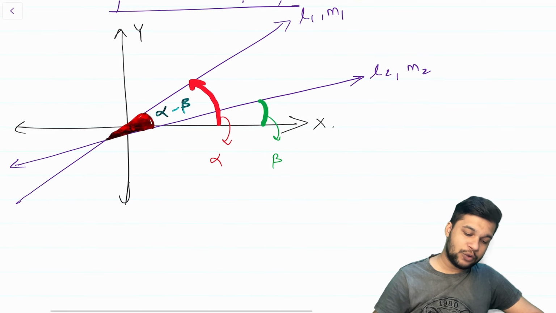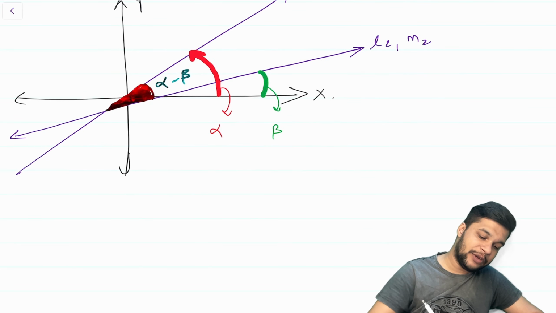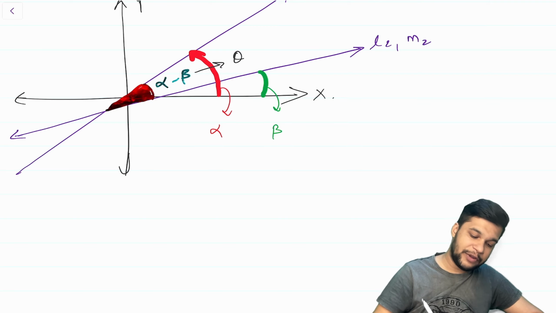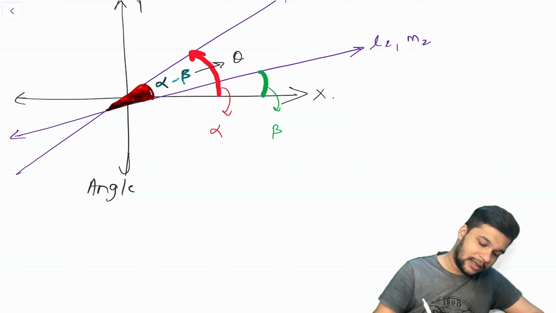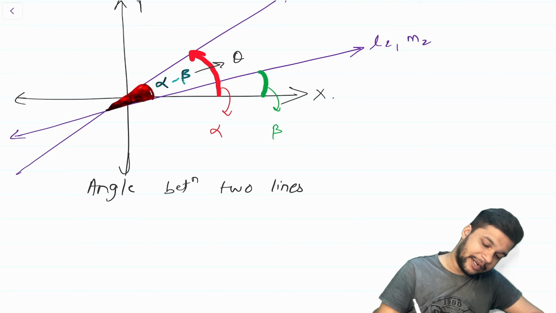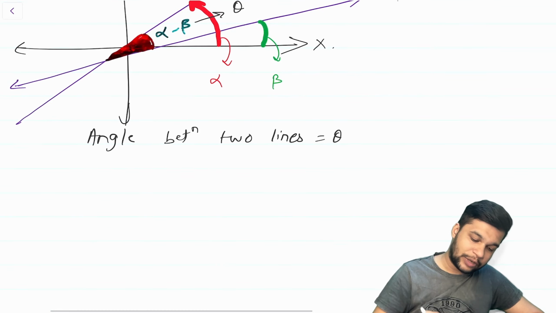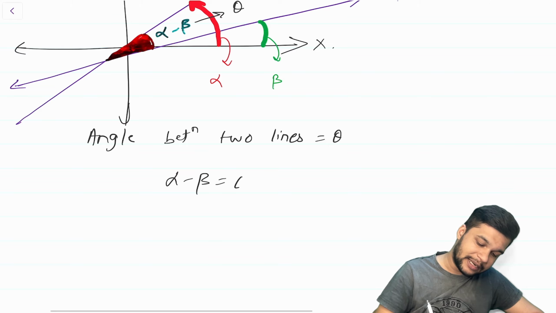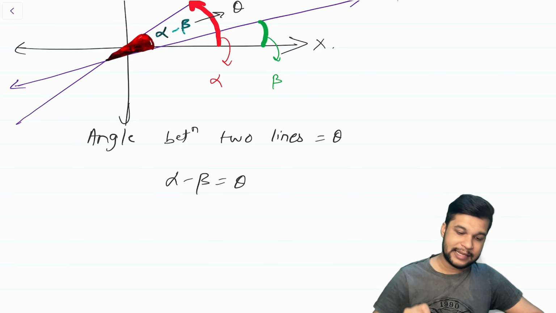So let's say the angle between two lines is theta. So let's call this theta. So can I say alpha minus beta is theta? Yes, I can say that.